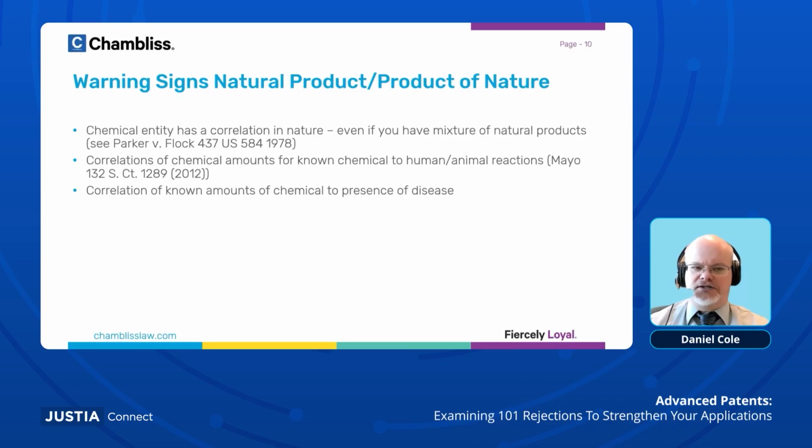If you have a correlation of chemical amounts for a known chemical, and you're correlating that amount of the chemical to a human or animal reaction, you're going to run into this problem. This is the Mayo case.